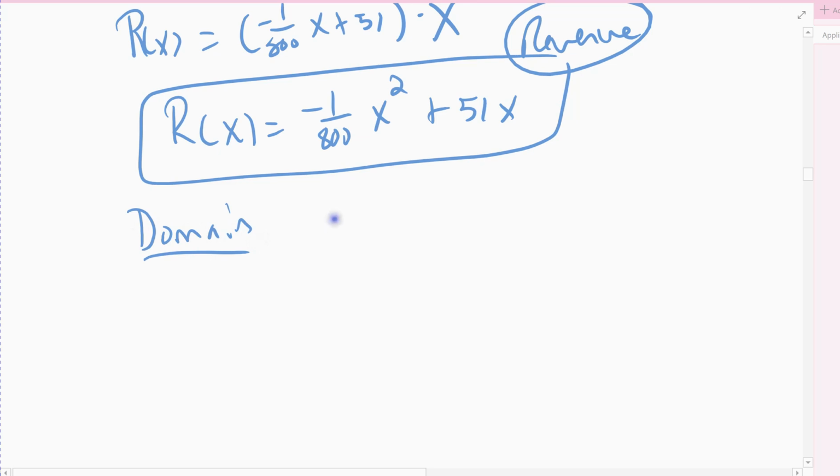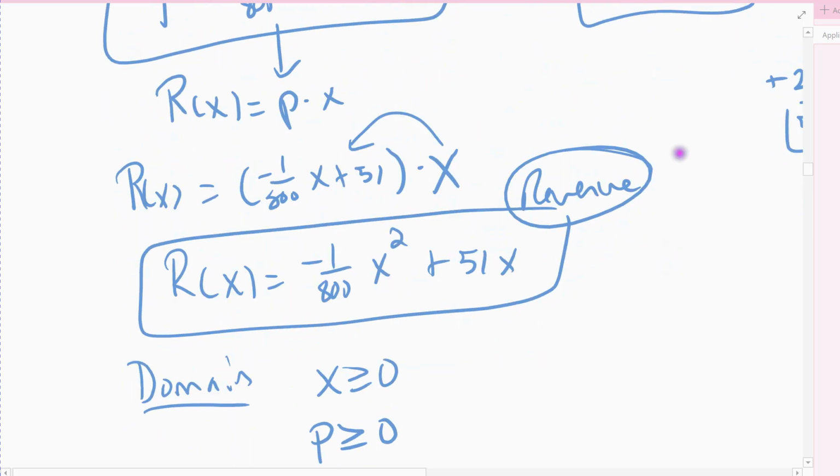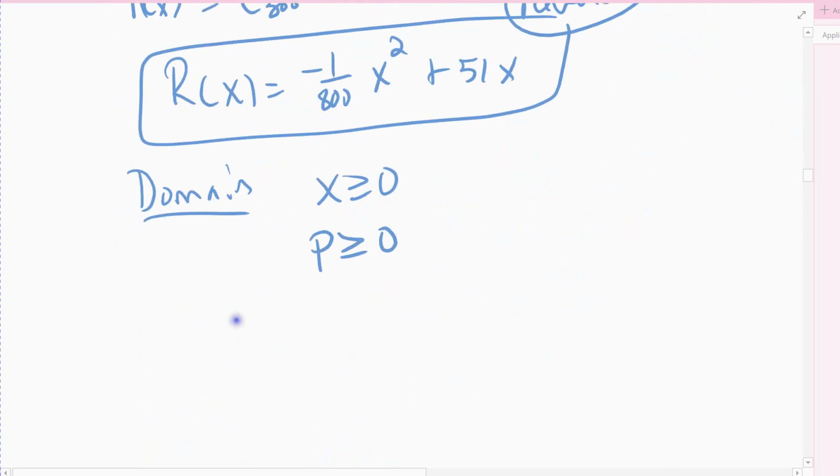Now, first of all, x represents people going to a game, so at the very least, the domain should be positive. But I'm actually going to set it up because price should also be positive. And so that linear price-demand equation needs to be positive, so I need to solve that. Negative 1 over 800 x plus 51 has to come out positive as well.